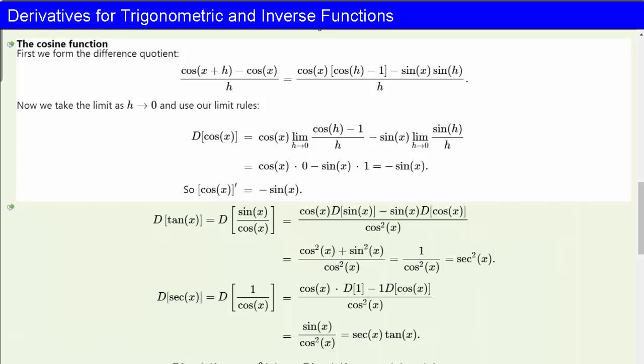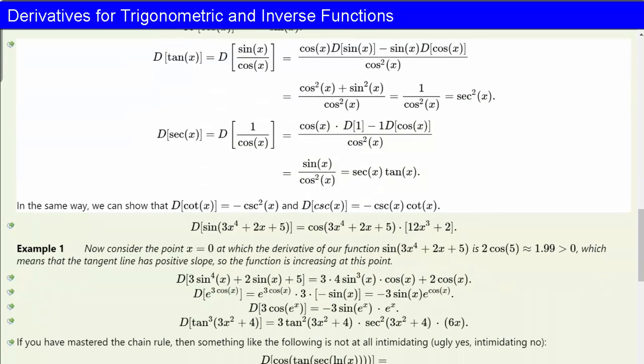The first limit is the cosine of x times the limit as h goes to 0 of cos h minus 1 divided by h. The second limit is minus the sine of x times the limit as h goes to 0 of sine h over h. And when you work that out, the whole thing collapses to minus sine x. So the derivative of cos x is minus the sine of x.